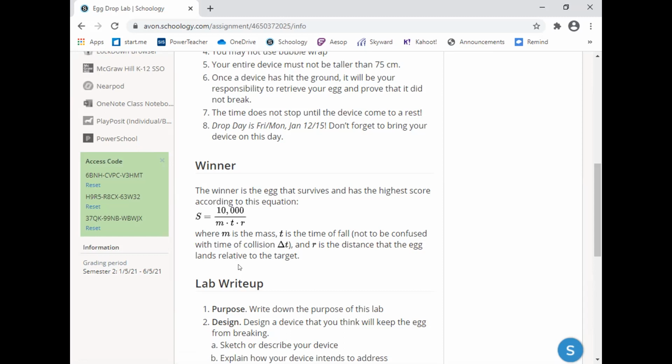When I say 200 grams, I'm trying to rule out some of the popular designs that are easy, like the jar of peanut butter. It's essentially a cushion, but it also just does not allow the egg to move.